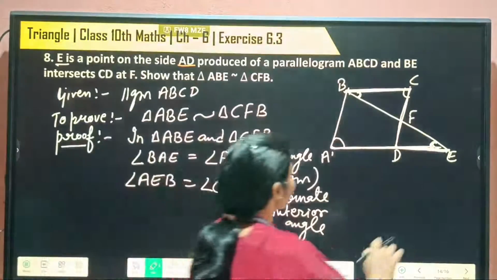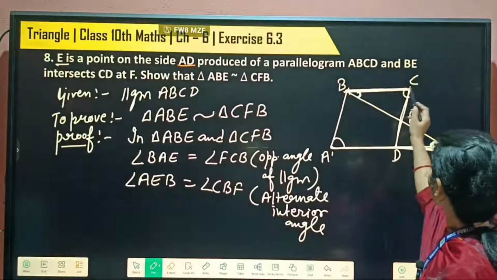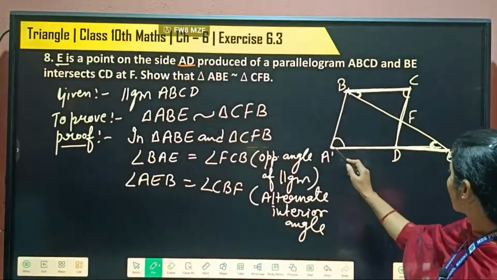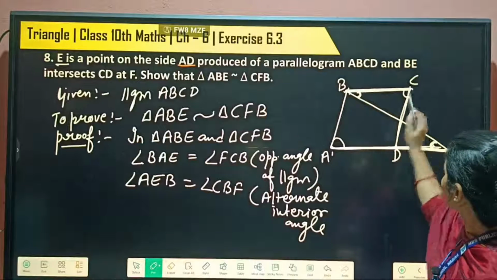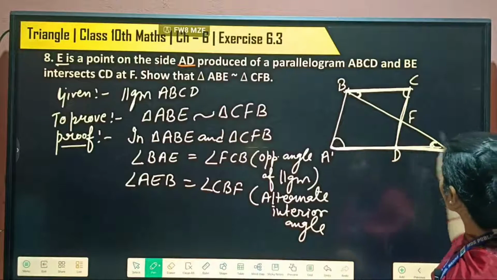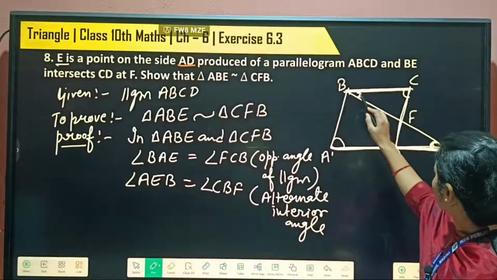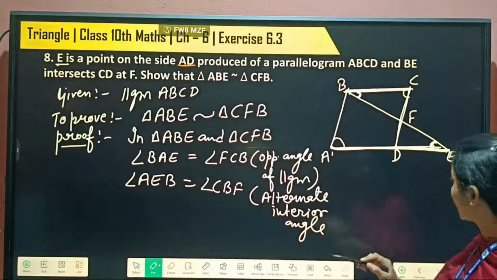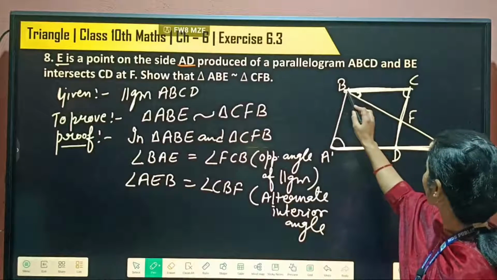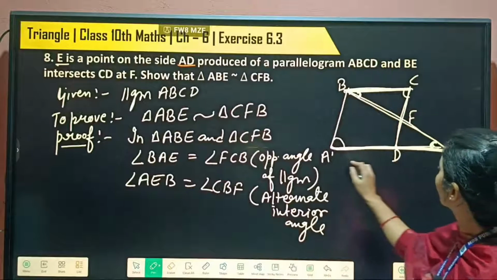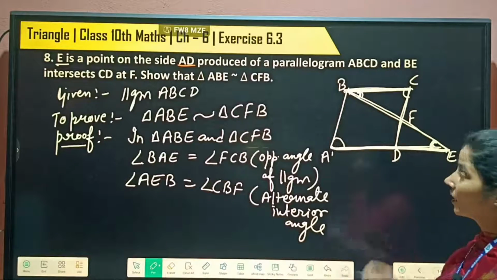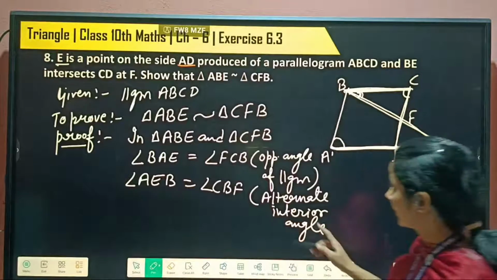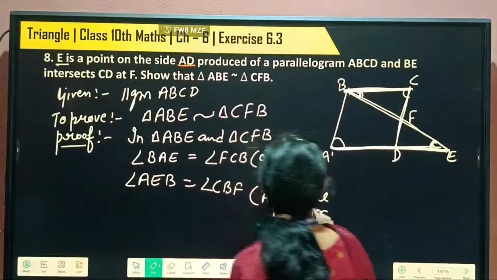Again see, this BC is parallel to AD. So this angle B is equal to angle E. These are alternate interior angles. You can see this is Z. So these angles are alternate interior angles.